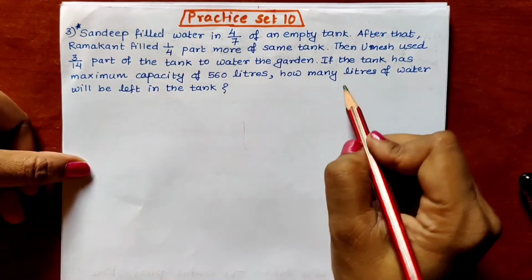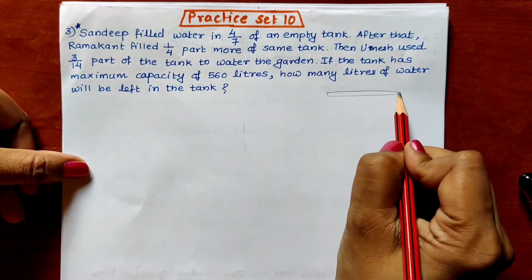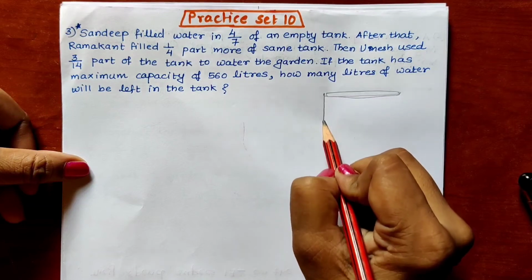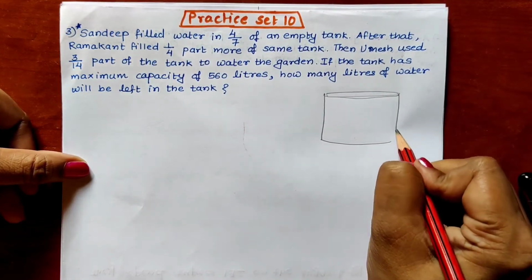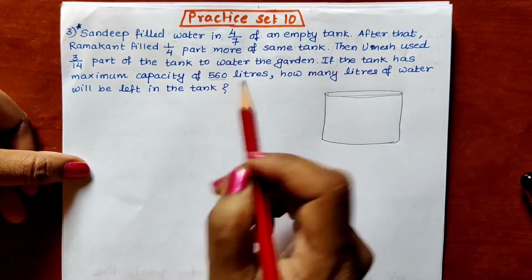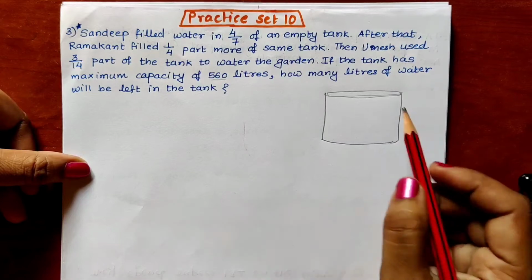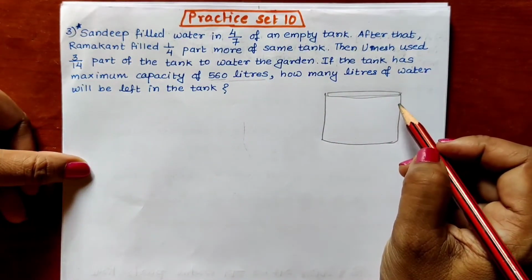There is a tank, children, there is a tank. Okay, maybe this is a tank. What is the capacity of the tank? 560 liters. What do we mean by capacity? This much water can be filled in the tank.